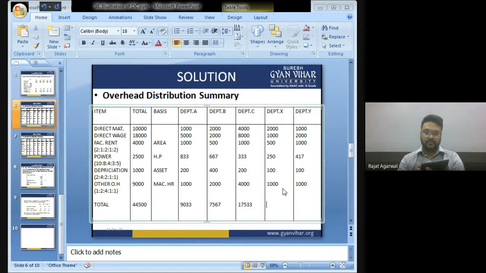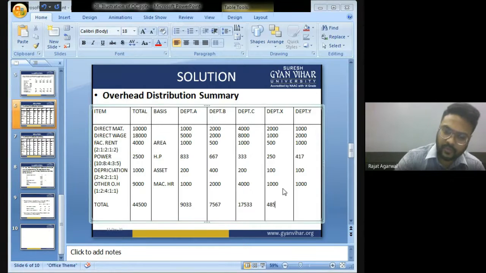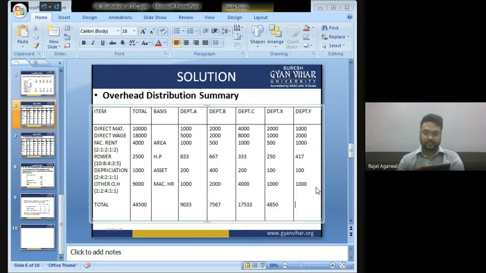4,000 plus 1,000 plus 500 plus 250 plus 100 plus 1,000, that is 4,850. 1,000 plus 2,000 plus 1,000 plus 417 plus 100 plus 1,000, that is 5,517.